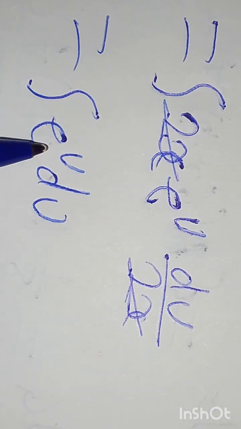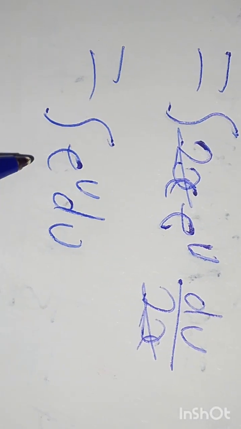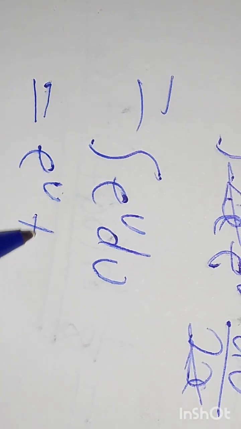So how do we find it? Remember, by the standard results of integration we did in the first part, when you integrate exponential, the integration is the exponential itself. So here you have e^u plus c.